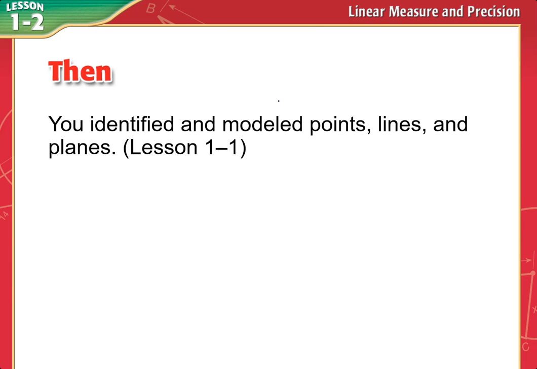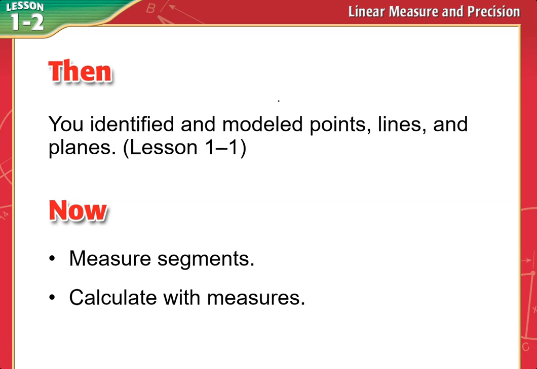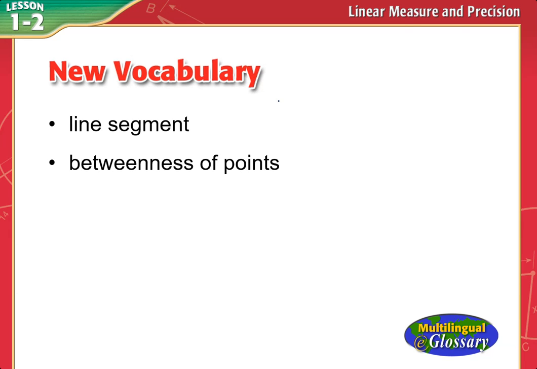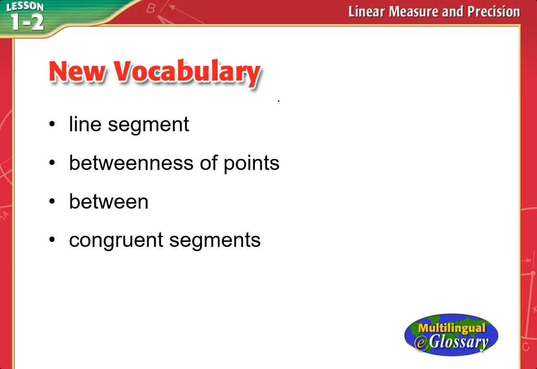Then, you identified and modeled points, lines, and planes in lesson 1-1, and now we're going to be measuring segments. And we're going to calculate with measures. New vocabulary is line segment, betweenness of points, between, congruent segments, construction.